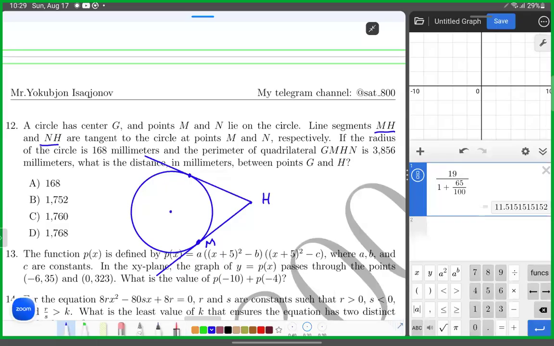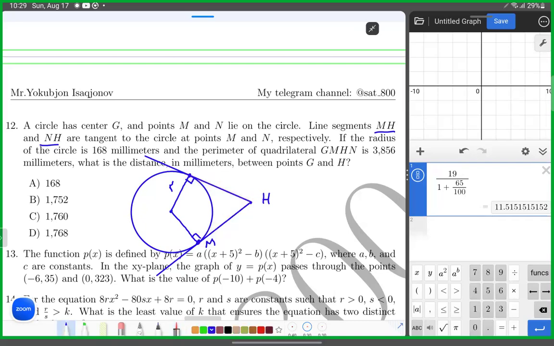Another main property of the tangent is that the radius is always perpendicular to the tangent. So this one is a radius, and this one is also a radius. Okay, it is the first property. Must know for SAT students. Now, another must-know formula: the tangent distances to the touching points are equal.